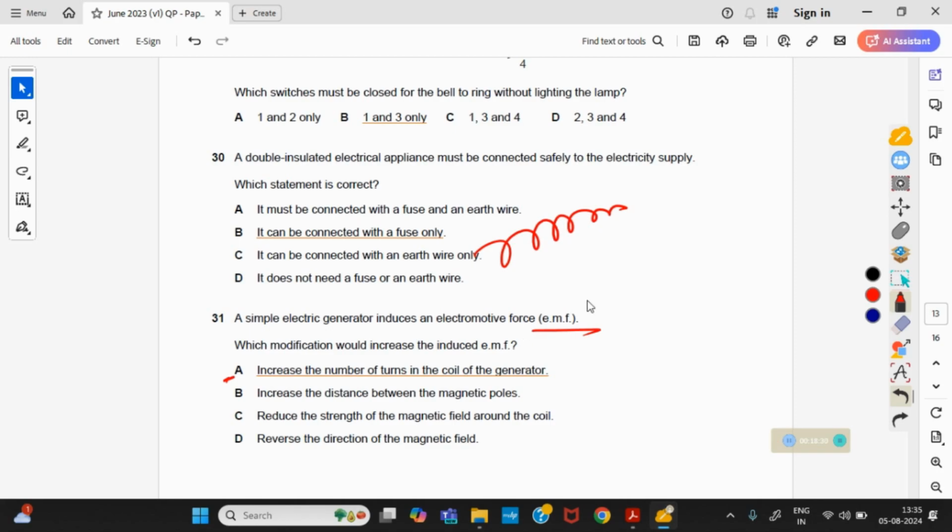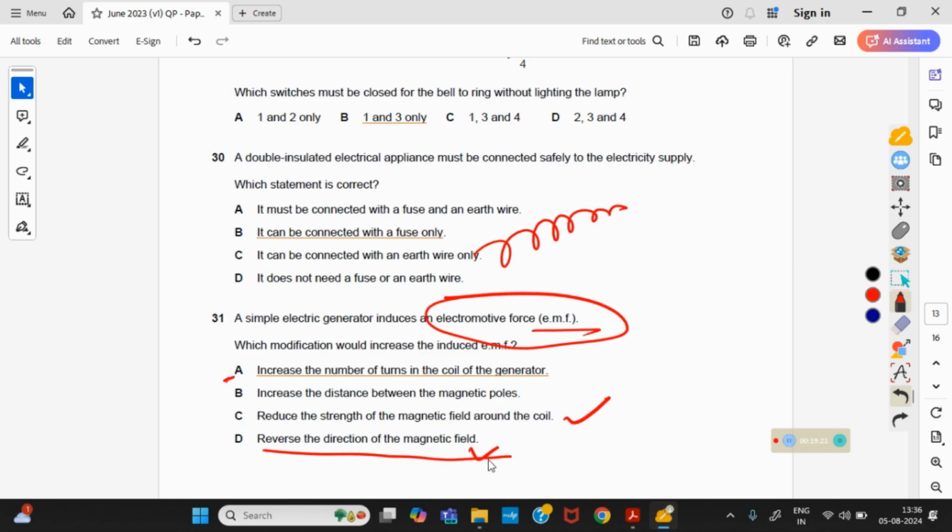And what about the other factor, how you can increase the induced EMF? If you increase the strength of the magnet, like here in option C, they have said reduce the strength. But this is wrong. If you increase the strength of the magnetic field around the coil, then we must be able to increase induced EMF. Now option D says reverse the direction of the magnetic field.